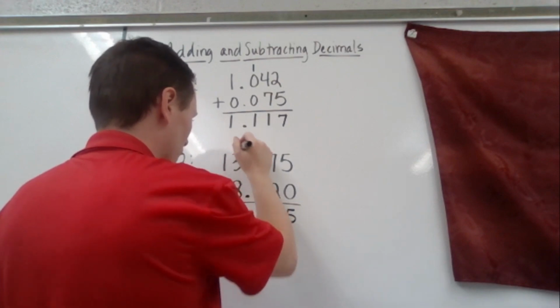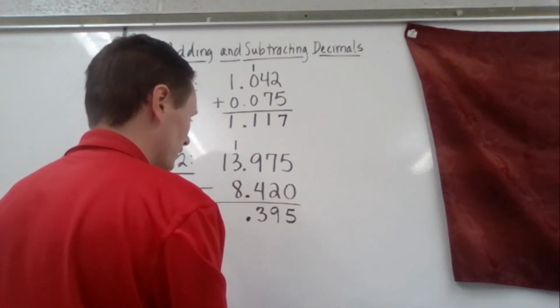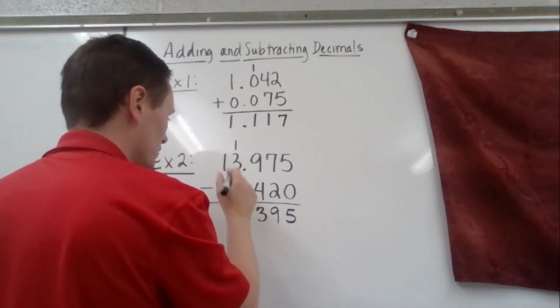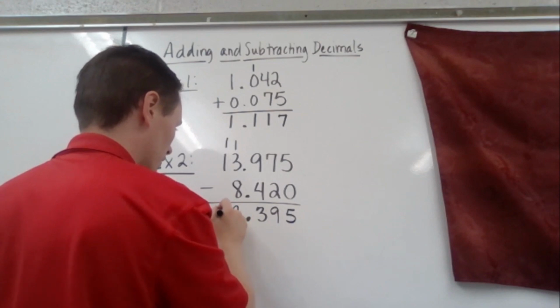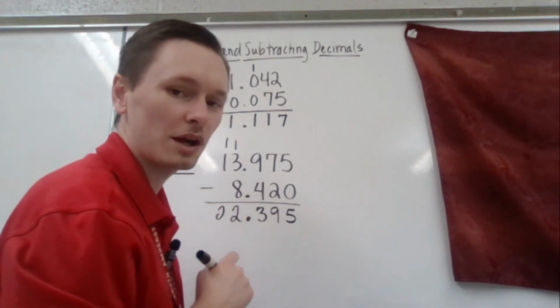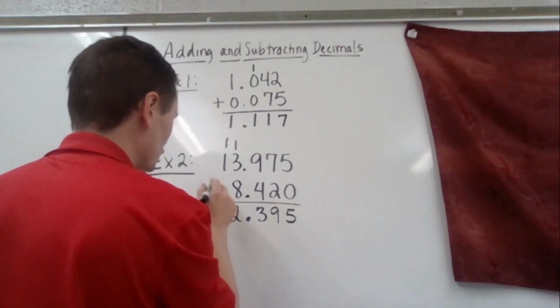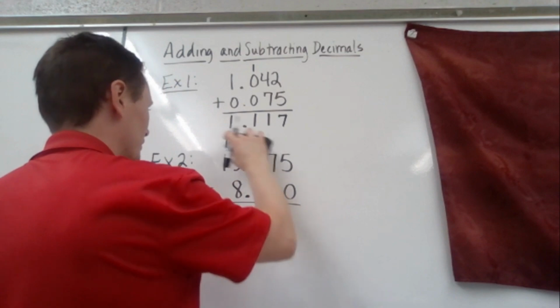We carry the 1. We bring our decimal point down. 8 plus 3 is 11. 11 plus 1 is 12. Carry the 1. 1 plus 1 is... And now you see where I made a mistake. It's supposed to be subtraction. Let's back that up. I apologize.